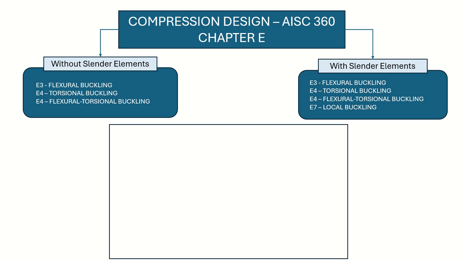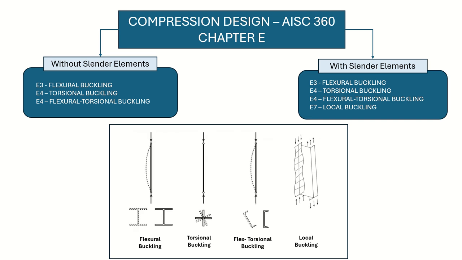If we want to see how these limit states look, here are some pictures. The first case is the flexural buckling from chapter E3, and as you can see, it's represented by a distortion or a displacement of the cross section in a lateral form. It can be in the major axis or the minor axis.